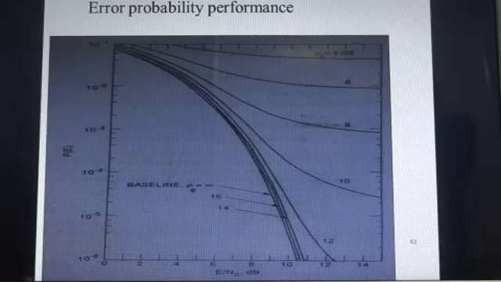When we keep the rho psi value at 12, we see that between rho psi equal to infinity and rho psi equal to 12 there is almost a difference of 2. So the error probability will be better at rho psi equal to infinity.